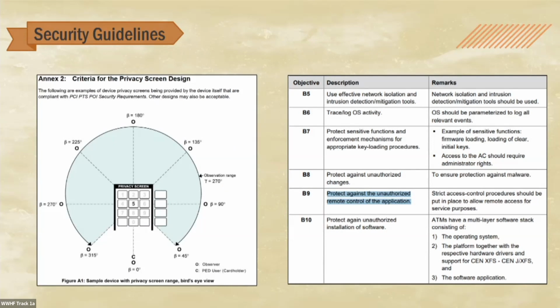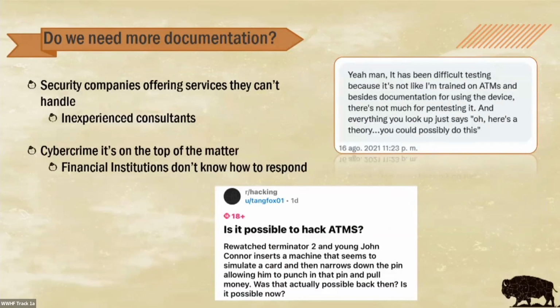This doesn't give any information about how to really secure an ATM, but this is one of the only pieces of information that we have out there. So, do we need more documentation? Well, I really think so. That's the reason why I'm here, trying to share a little bit of this.